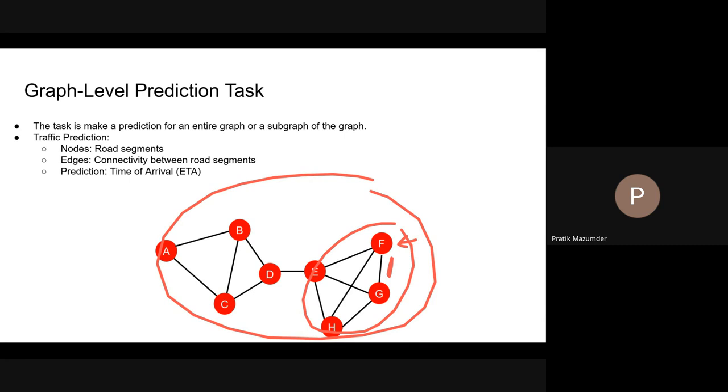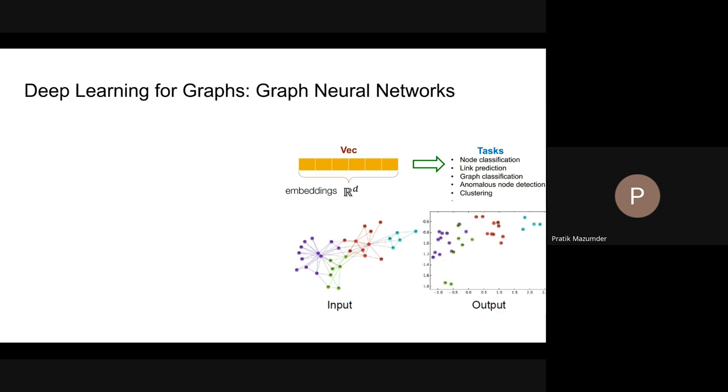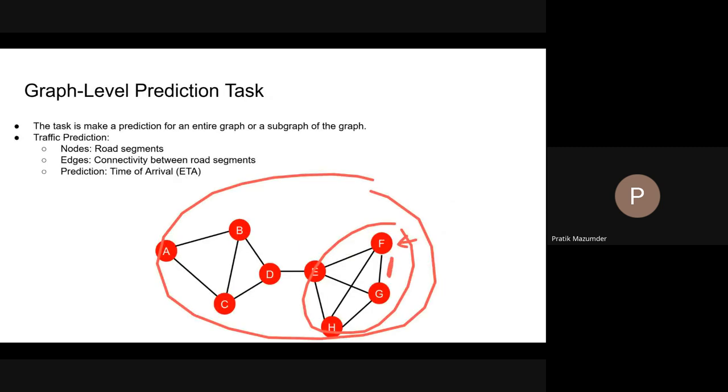And then you do some task like the expected time of arrival, or the delay in a particular route. You must have seen while using, say, Google Maps, there's some sort of delay in time mentioned over there, so you can make predictions based on that as well. You can also consider this as a link prediction again, but depending on your use case, you can consider this as a graph level prediction.